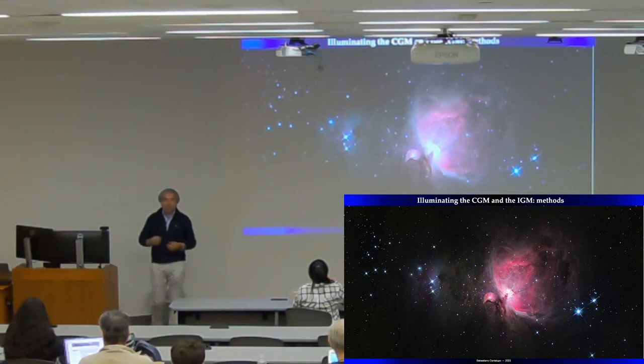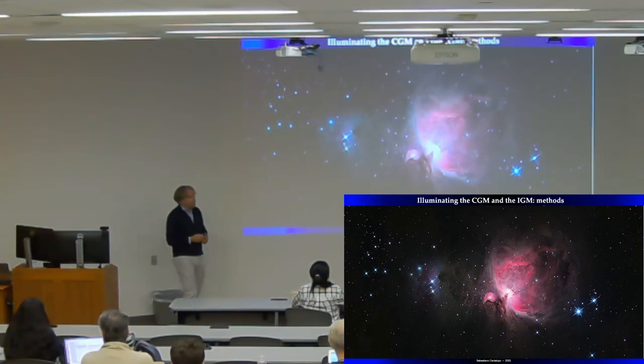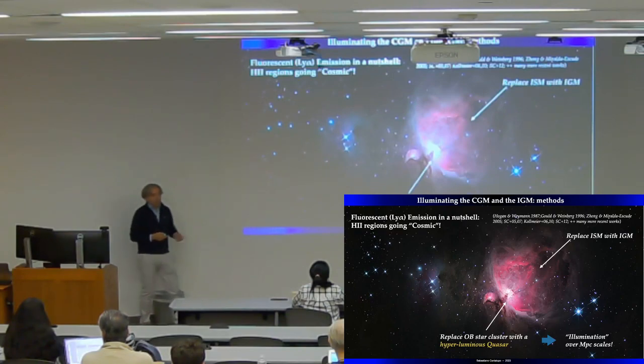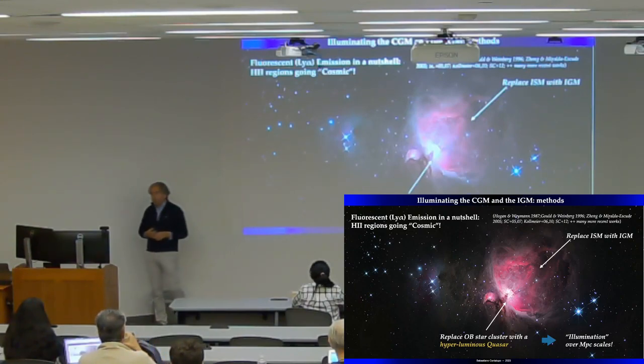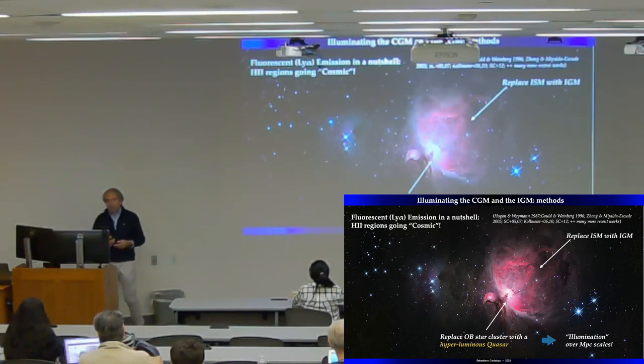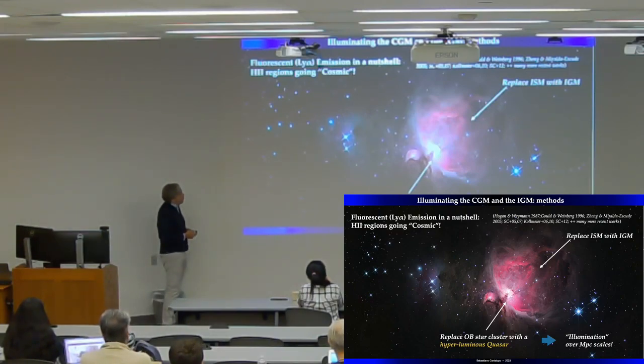We've been doing it for many decades now, but let me start with an example taken from our own galaxy. In the ISM, you have some regions that are illuminated, and you can see them thanks to some little star here. In the universe, you can imagine that there could be regions like these gigantic HII regions where the IGM is also illuminated.